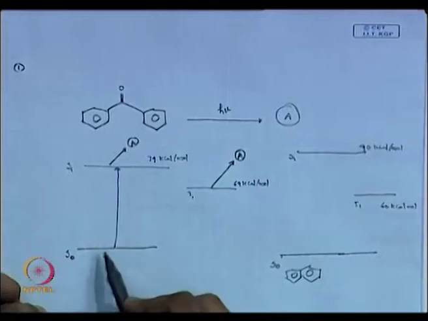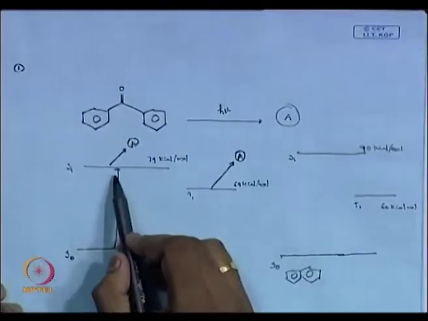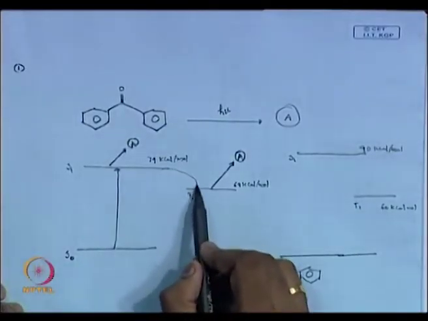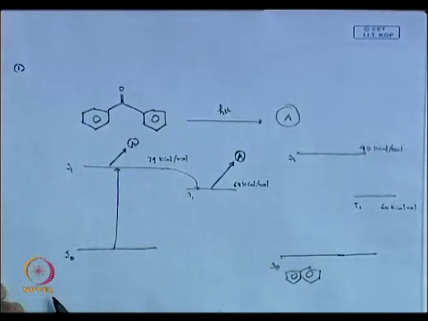Right. So, now what happens if you excite your benzophenone with naphthalene in the system. Your S0 will go to S1, then it undergoes intersystem crossing to T1, then what does it do from T1?